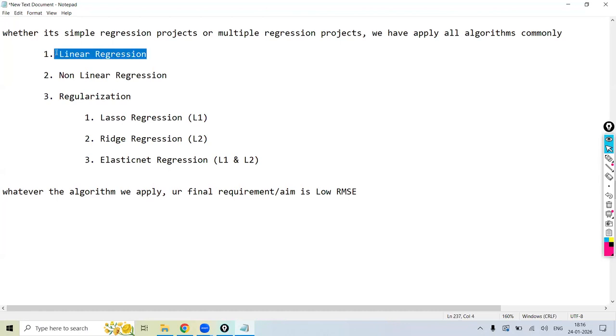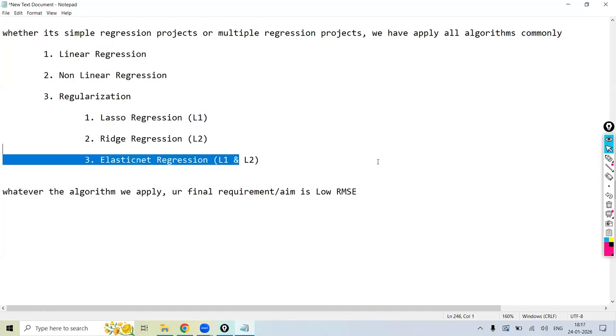Whether you apply linear regression for the given data, non-linear regression, or anything else, I will give one data to you. My requirement is that future data prediction should be more accurate. What you want to do, you do, in whatever way you want to do it, but my requirement is this. That is what the client will ask of us.